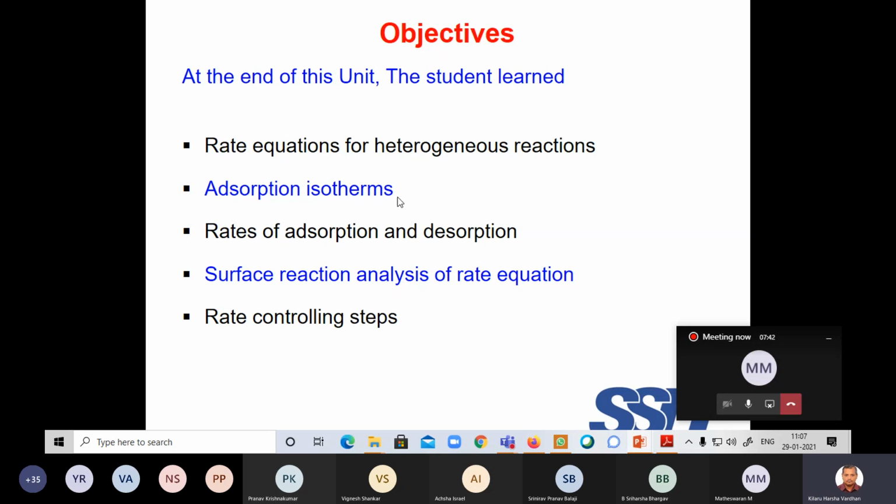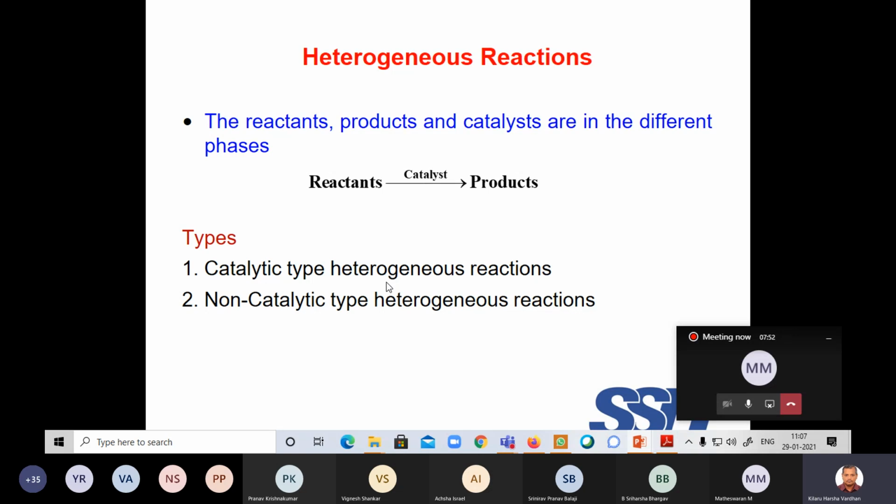And when heterogeneous reactions are in place, how to write down the rate controlling steps, or what these rate controlling steps are. Last class we discussed reactions giving products in the presence of a catalyst.